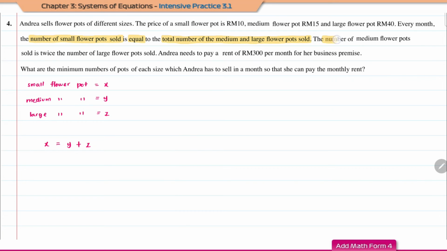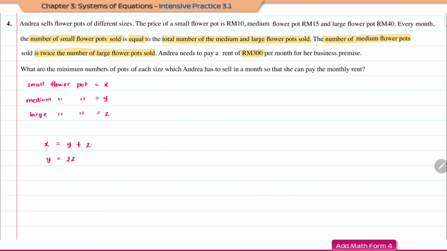Next, the number of medium flower pots sold. So here the medium is the y, is twice the number of the large flower pots sold. So the large one is z, twice is going to be 2z. So the next equation, you can form it from the monthly selling price so that she can pay the monthly rent, which is the 300.